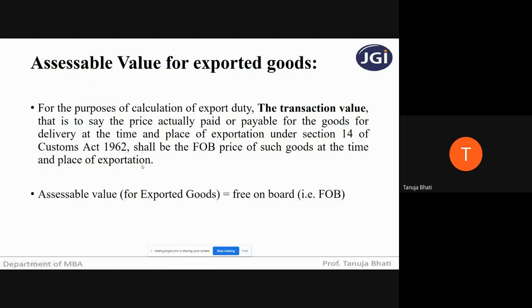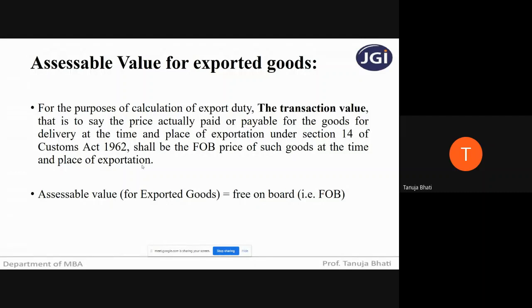So what does this mean? We know that the transaction value is the price actually paid or payable at the place of exportation. Suppose we are exporting the goods from India, so what is the place of exportation? India. So as per section 14, transaction value is the price actually paid or payable. Now, how do we calculate it?